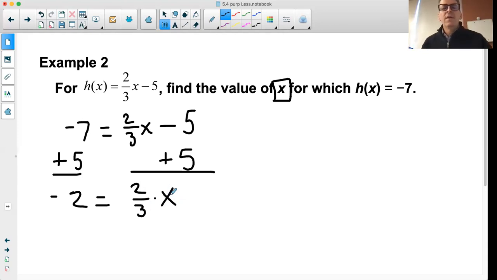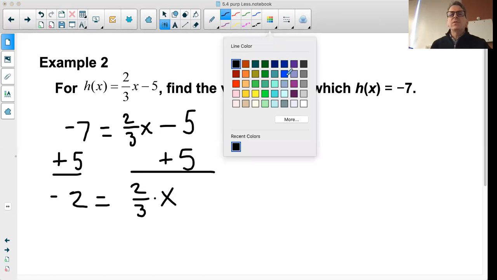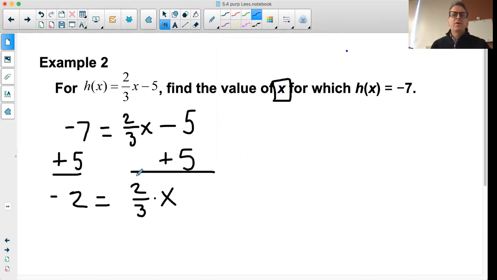Okay. Now we have a fraction and we're solving, so we want to think of our reciprocal to help us here. Our reciprocal of 2/3 is 3/2, on the right and 3/2 on the left. Now this is -2/1.